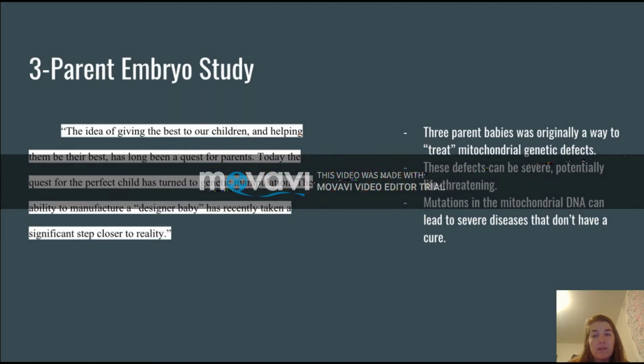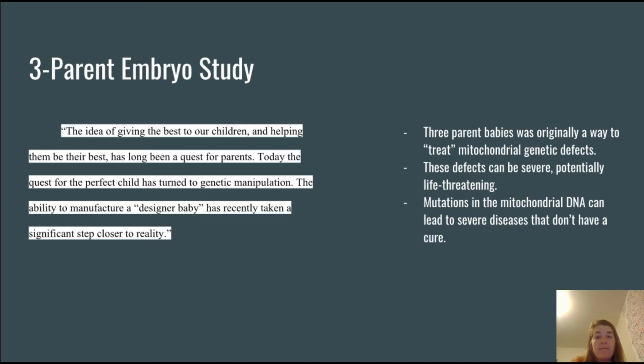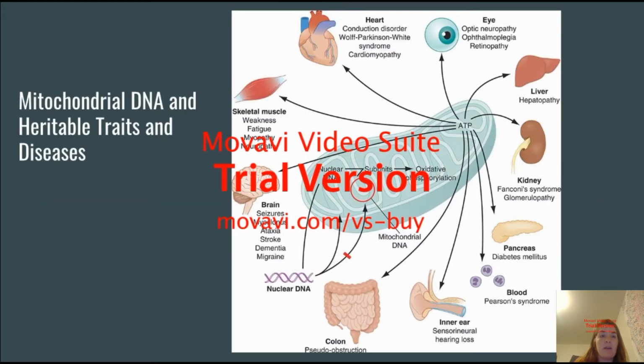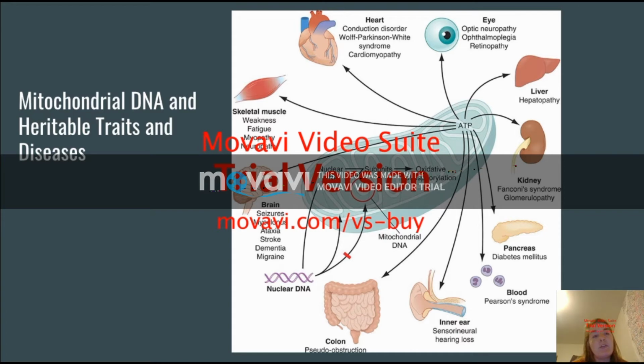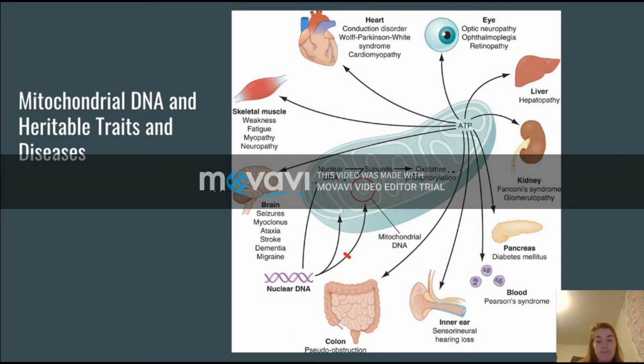So 3-parent babies was originally a way to treat mitochondrial genetic defects. These defects can be severe and potentially life-threatening. Mutations in the mitochondrial DNA can lead to severe diseases that don't have a cure. And this shows the mitochondrial DNA and some of the inheritable traits and diseases.